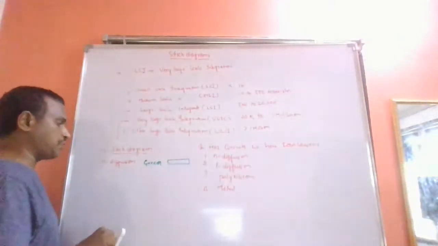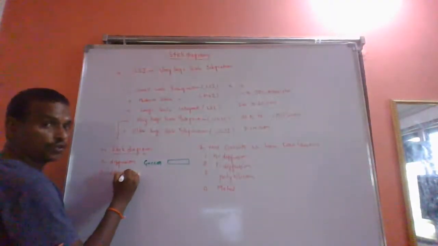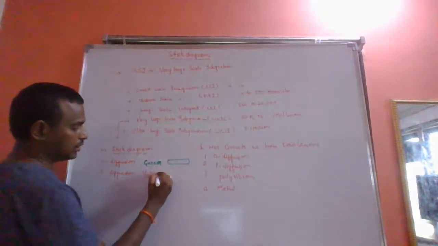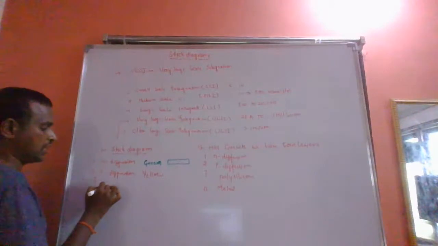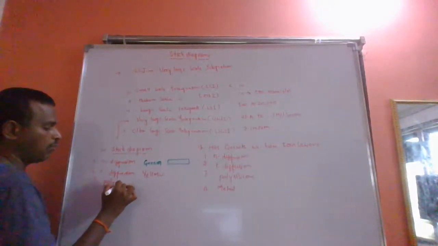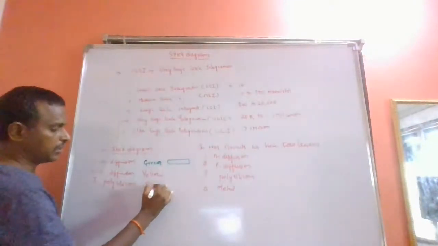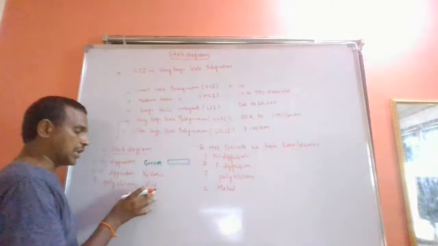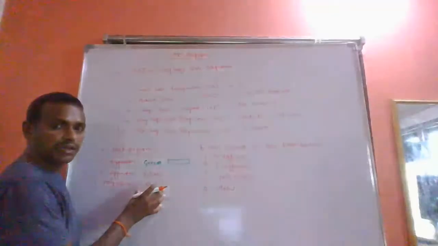Next one is P diffusion. P diffusion can be represented with yellow color. The third one is polysilicon. Polysilicon will be represented with red. We have polysilicon 1 and polysilicon 2, but here we are going to use polysilicon 1 only, which is represented with red color.